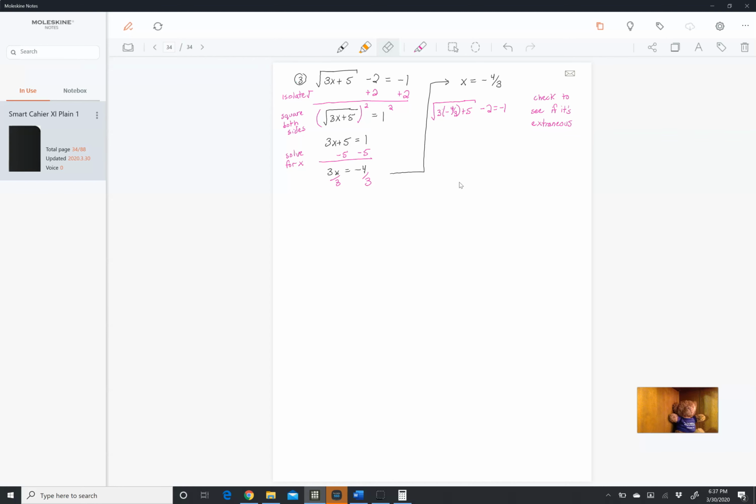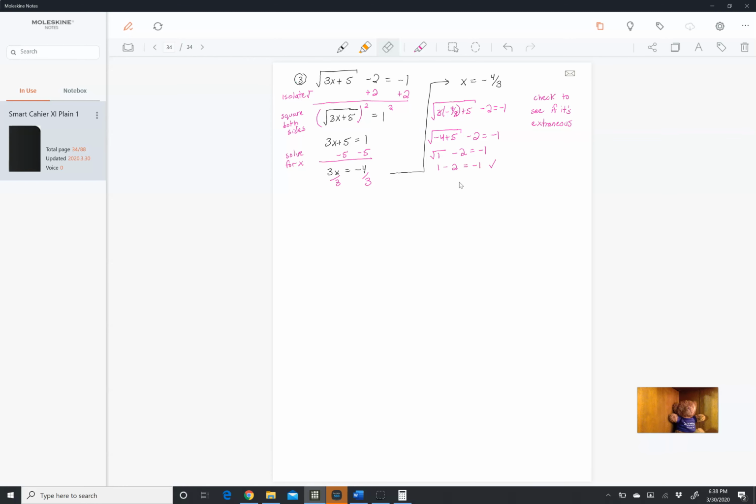And this 3 cancels. This is like 3 over 1 times negative 4 over 3. So what we wind up with is the square root of negative 4 plus 5 minus 2 is equal to negative 1. This is the square root of 1 minus 2 is equal to negative 1. Or 1 minus 2 is equal to negative 1.